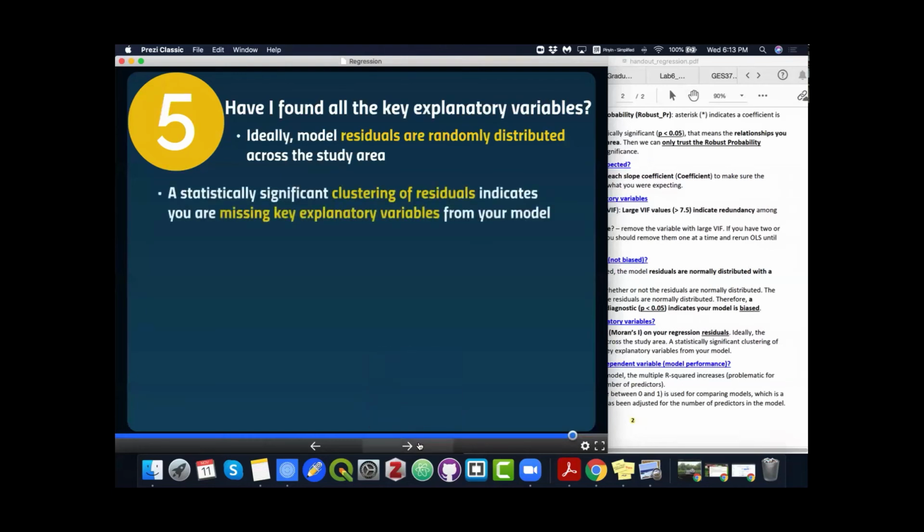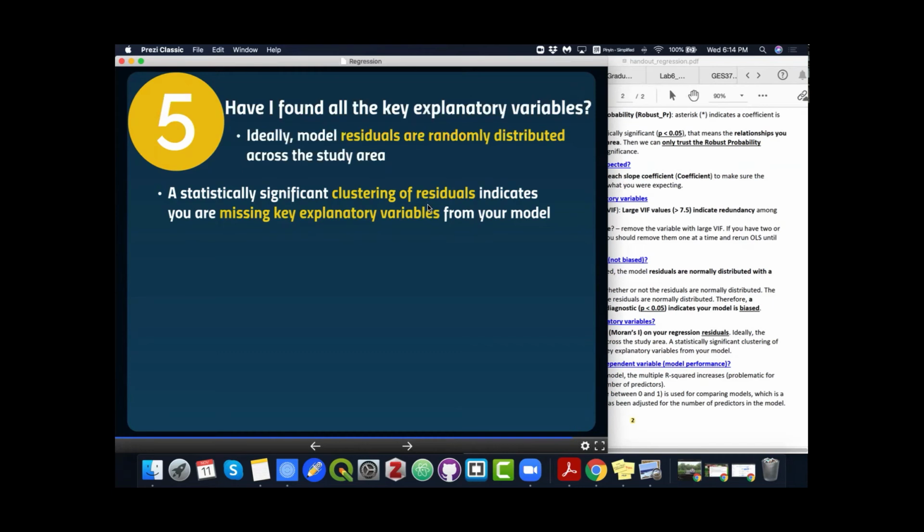In order to do this, we'll be running Moran's I, and I will show you the outcome shortly. If you do see some clustering of residuals, that's an indicator of missing key explanatory variables. Whenever you see a cluster of residuals, that likely means you need to look further to see whether there are other important explanatory variables missing.